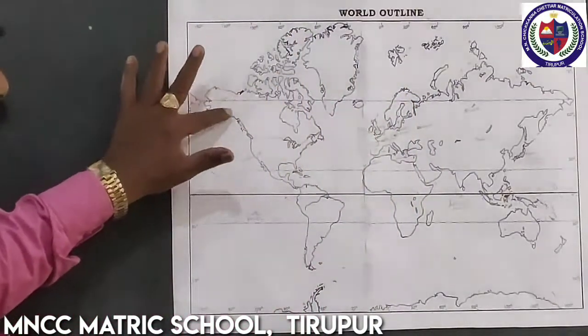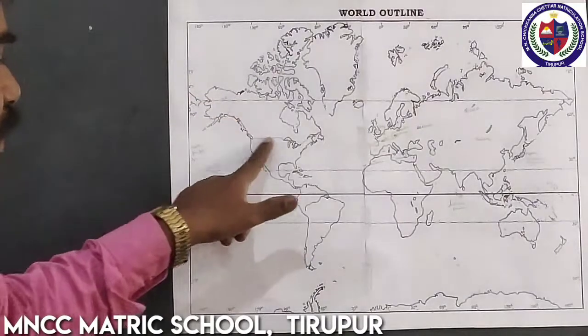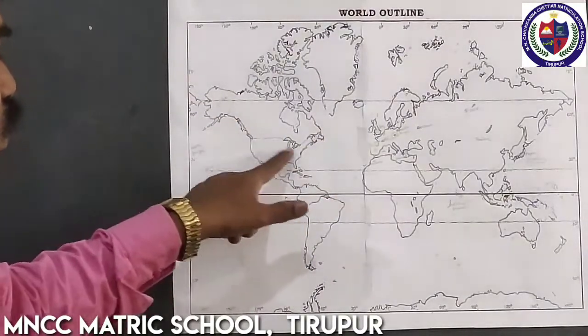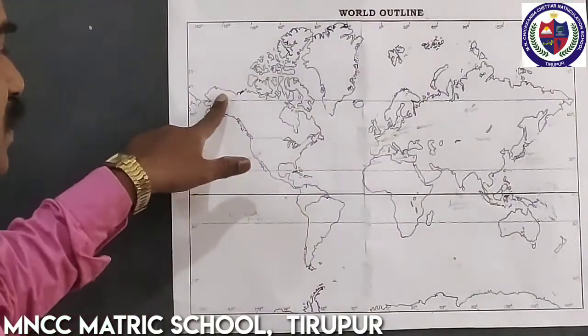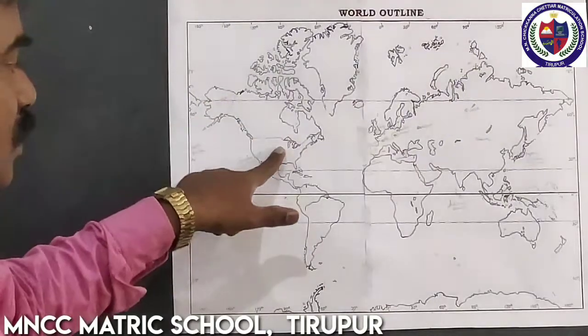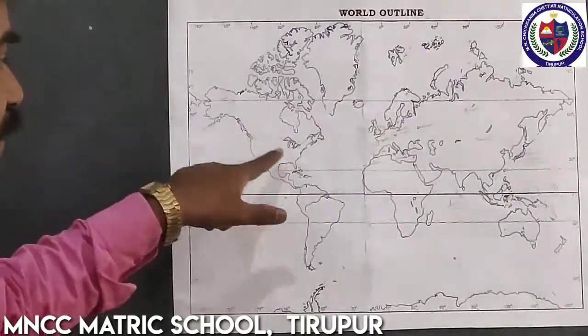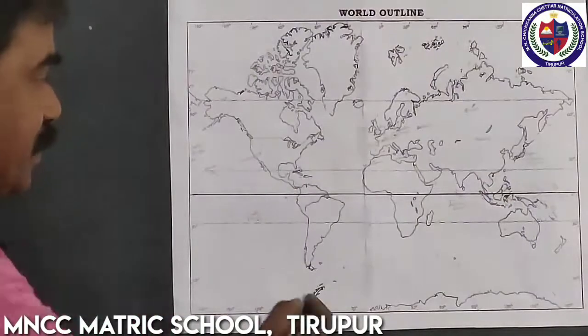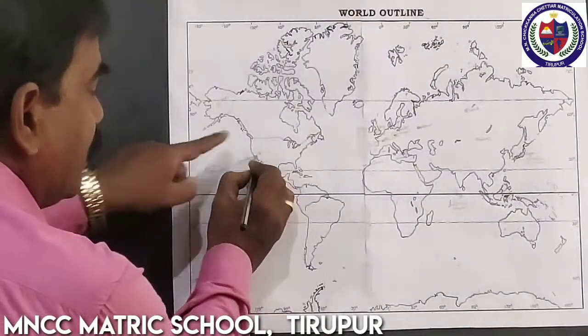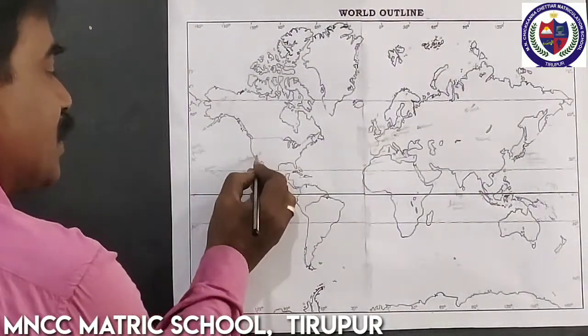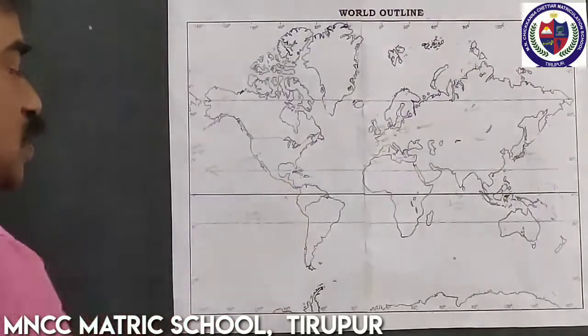See, this is this part and this part. It belongs to USA. USA, you can mark here, also here. Both are USA. And see the belly like structure, if you mark here, is San Francisco.